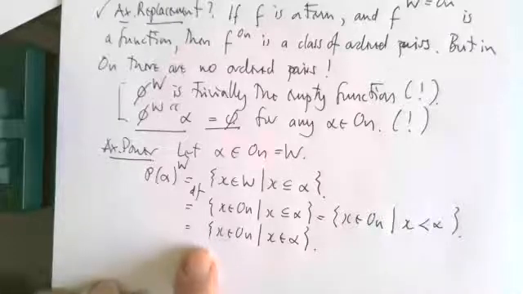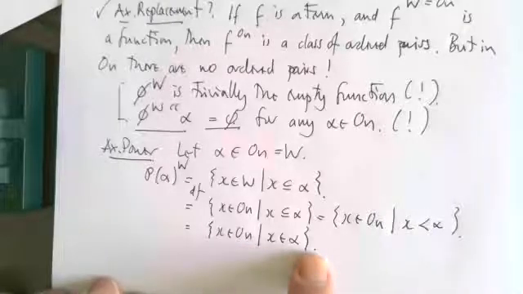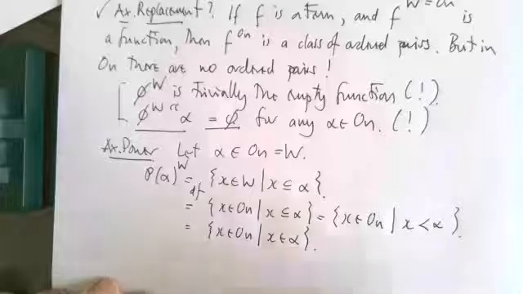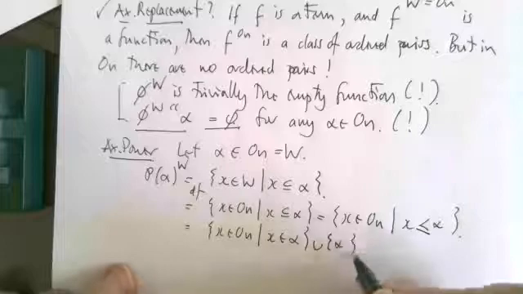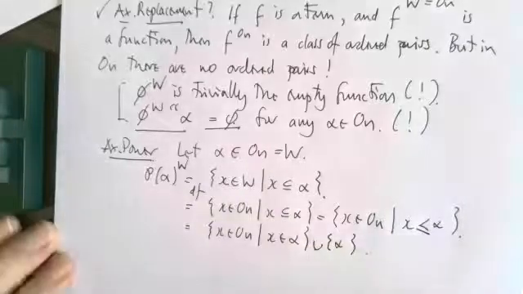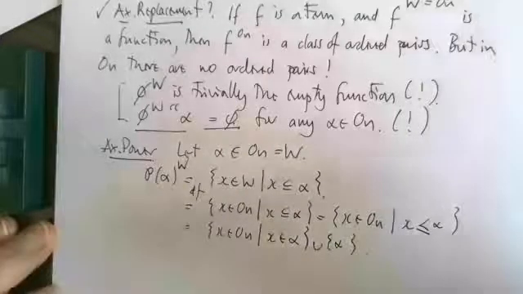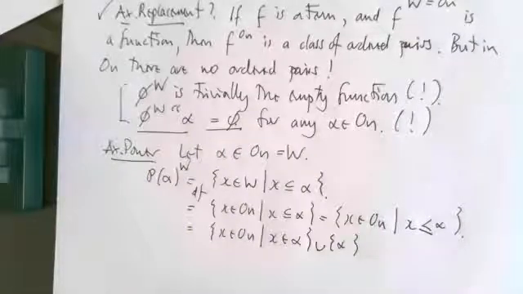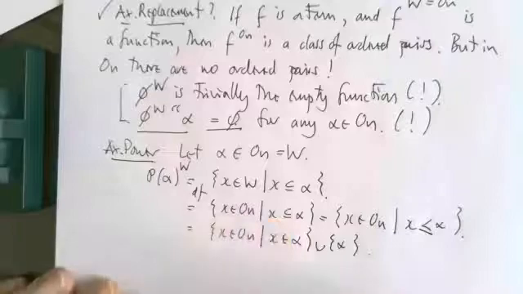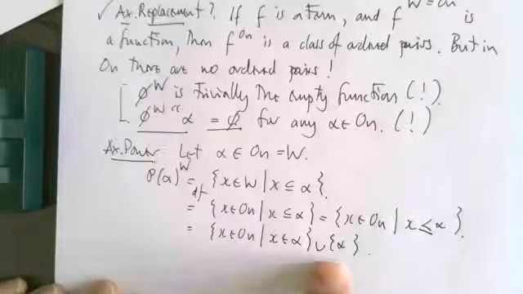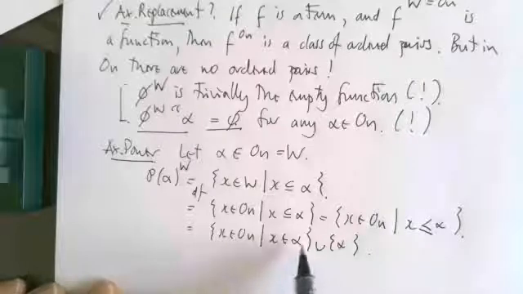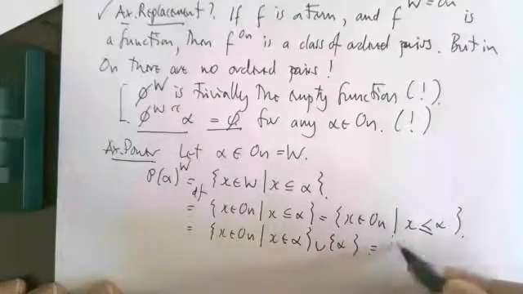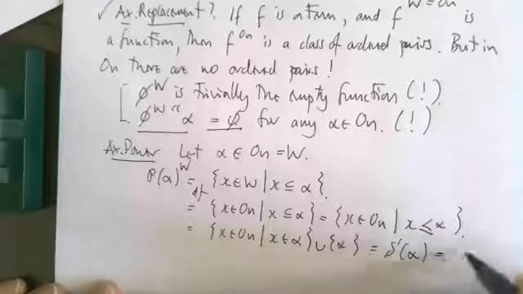So actually, this is less than or equals. I stepped up there. Right, because alpha is a subset of itself. And what does this amount to? This is all of the ordinals up to alpha together with singleton alpha. So this is the successor of alpha. This is alpha plus 1.